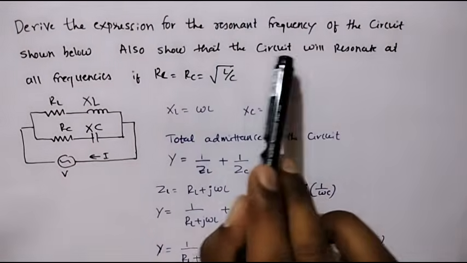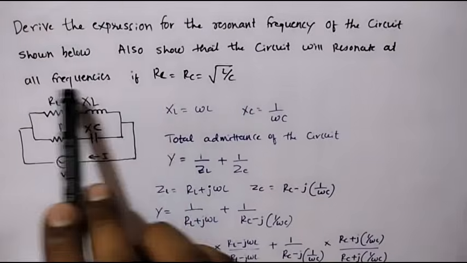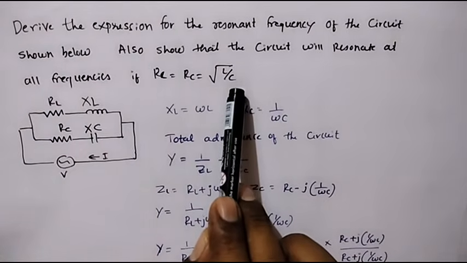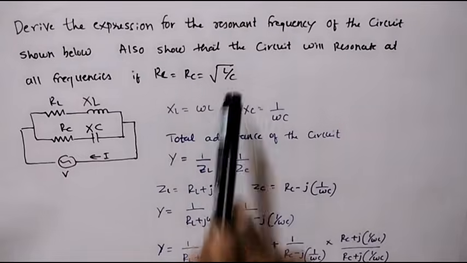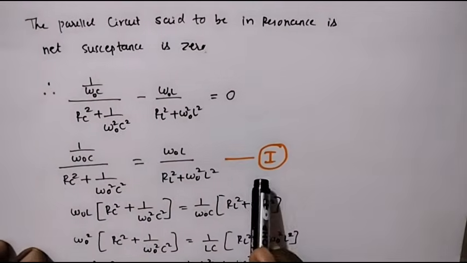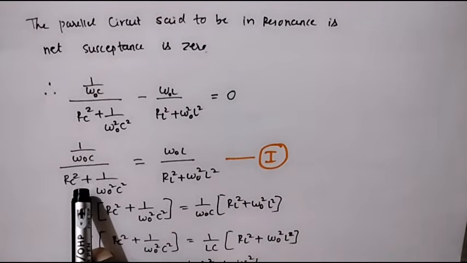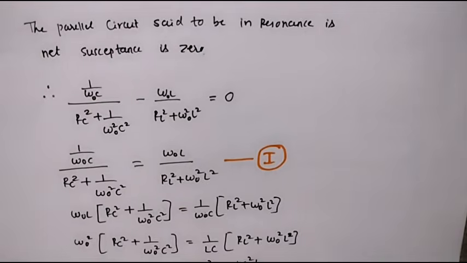Also show that the circuit will resonate at all frequencies if RL is equal to RC is equal to under root L by C. Now we'll try to prove this. To prove this, we'll consider equation number 1, that is, net susceptance of admittance is 0.